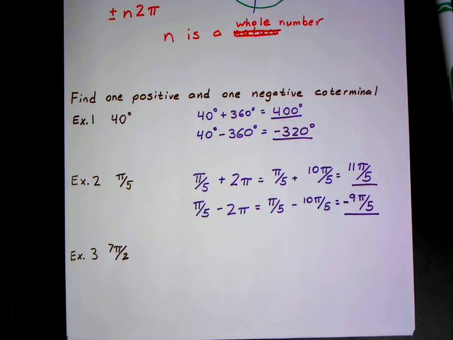So let's do a hard one. All right, so find a positive and a negative one for 7 pi over 2.